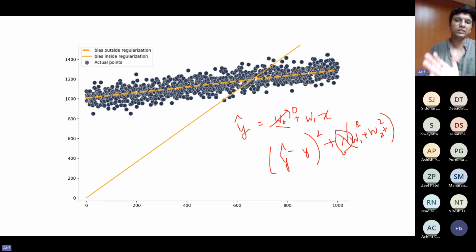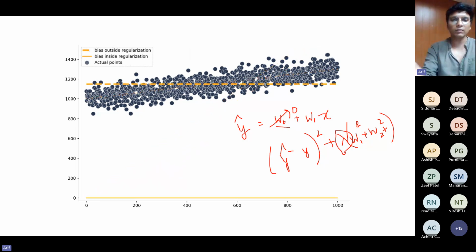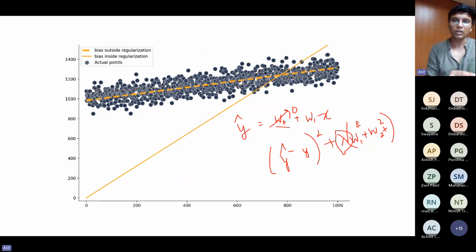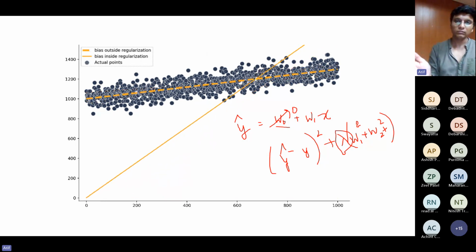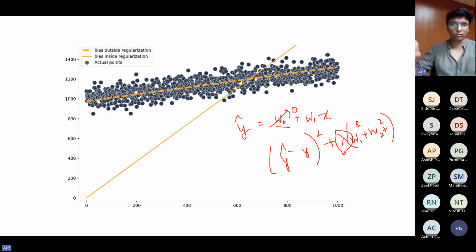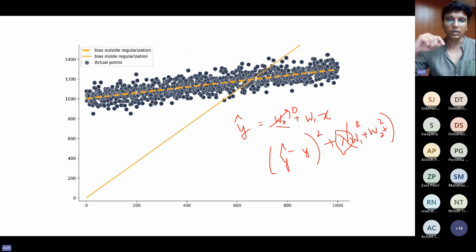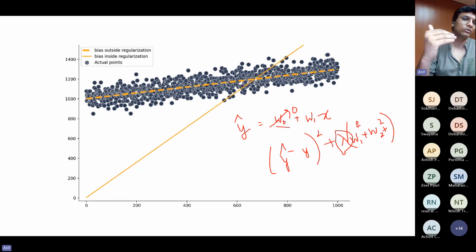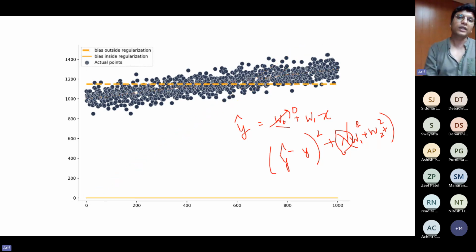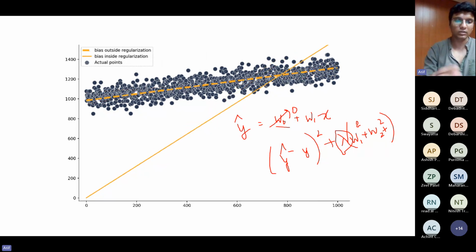What would happen is that this solid line will move very slowly, but surely, towards the same dashed line that we have here, but it'll take a lot of time. Rather, if I don't put the bias w0 into this L2 regularization, I will be able to achieve the same performance in one or two epochs, as you can see here.